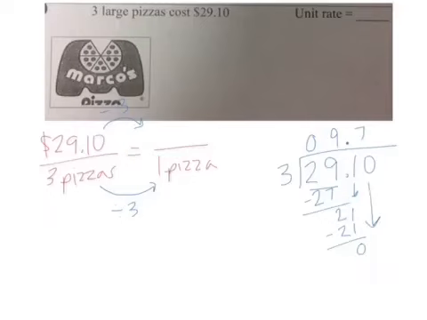I got to still remember to bring down this 0. 3 goes into 0 0 times. And that worked out perfectly, so I don't have to do any rounding this time. So my answer for Marco's Pizza is every 1 pizza costs $9.70. I'm going to say $9.70 per pizza.